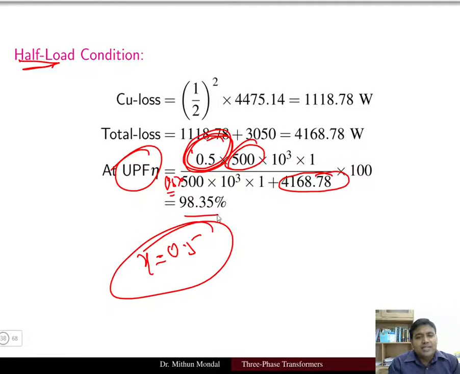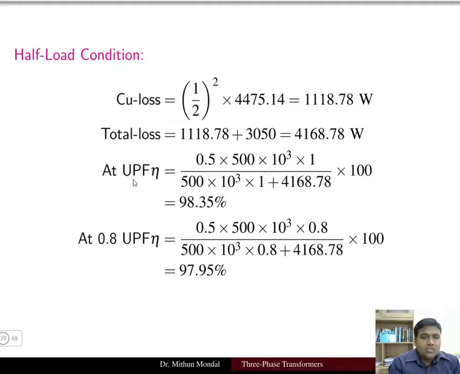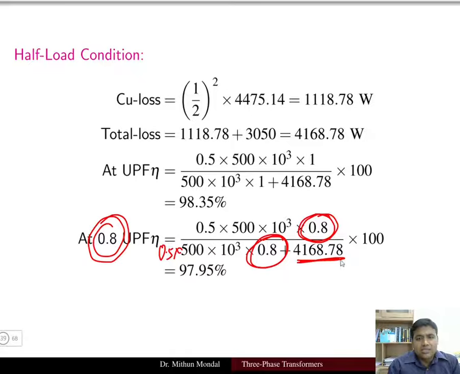So it comes to be 98.35%. Okay, now at the condition of 0.8 power factor, the only thing that will change is 0.8 as the power factor, and here you have the losses 4168.78, that gives you 97.95%.